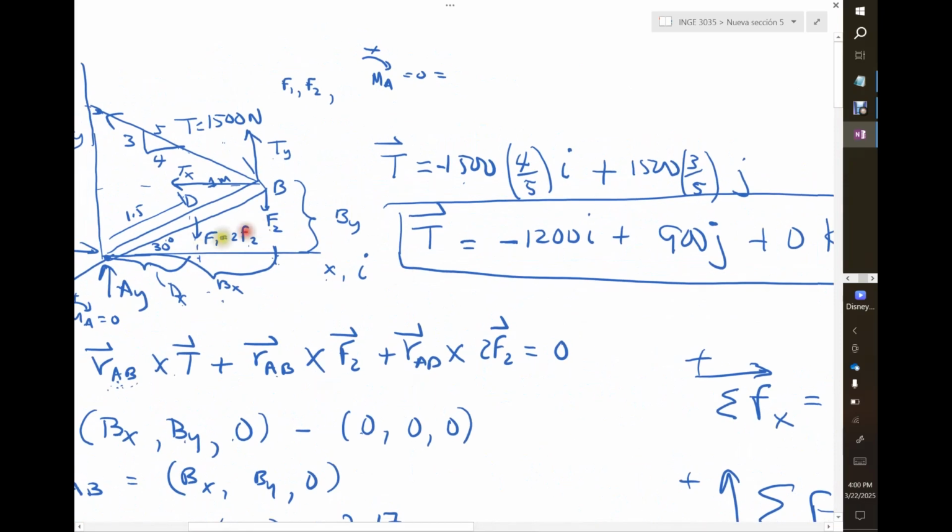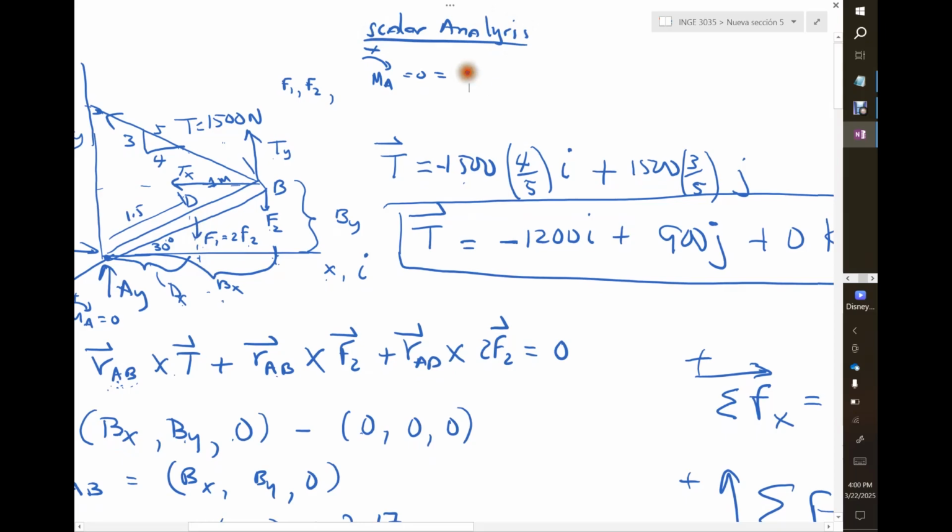Let's say that you don't know these values of F, because we're going to be doing a scalar analysis. So we don't know those values. What you have in this case is F1, which happens to be 2F2.